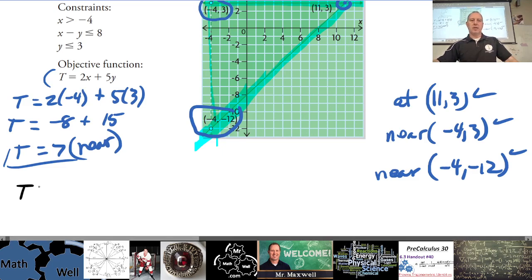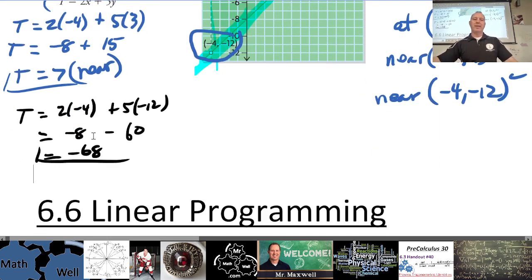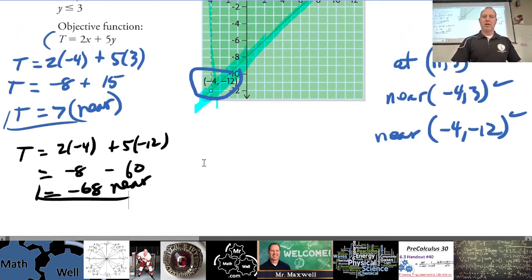The next one, we'll do it in a different color. Let's do the (-4, -12). So 2 times -4 plus 5 times -12. That's going to be -8, and that's going to be minus 60. So that's going to be -68. Okay, so that's a pretty small number. That's really small. So near this, it's going to be near -68, might be a minimum.